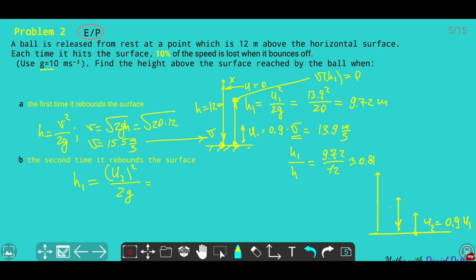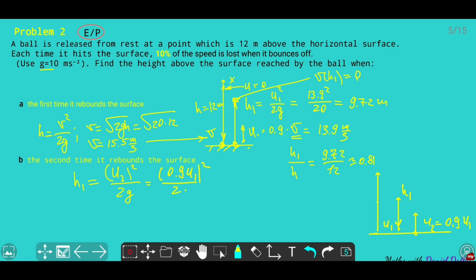That's this principle of symmetry, because the starting speed becomes the final speed when it goes from h1 back to the surface again. So that means it approached with the u1 that it had originally during the release after the first bounce. And obviously u2 is going to be 0.9 of u1, so I hope you got it. 0.9 of u1 squared over 2g. That's going to be the result.